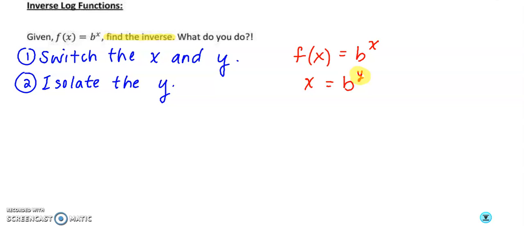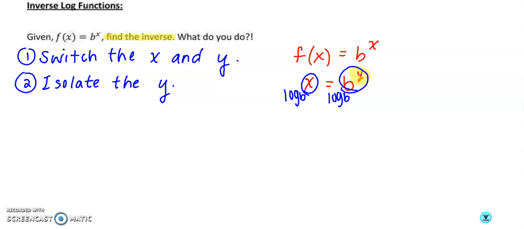Whatever we do to one side, we want to do to both sides when we're solving an equation. So on the right side, to get rid of that base b, I'm going to have to apply a log of base b to that right side. I'm also going to have to keep it balanced and apply log base b of x on the left side.